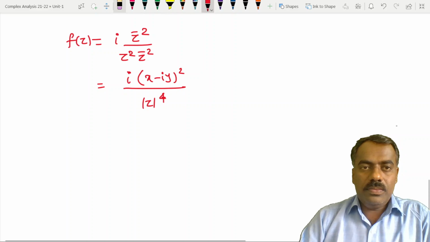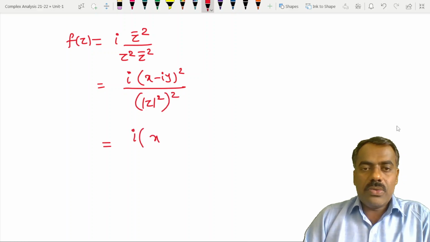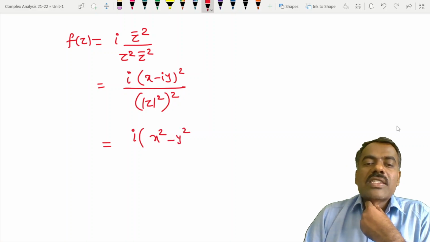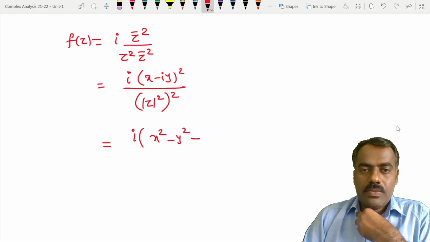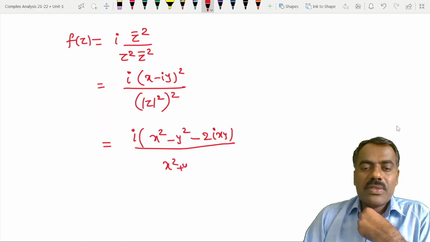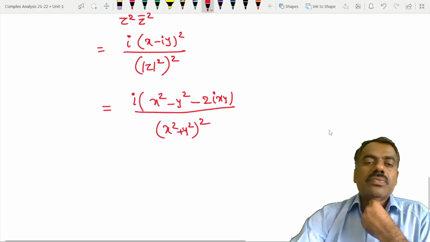So you write this here. This is the same as i into x square minus y square minus 2i xy upon mod z square, which is x square plus y square, whole square.